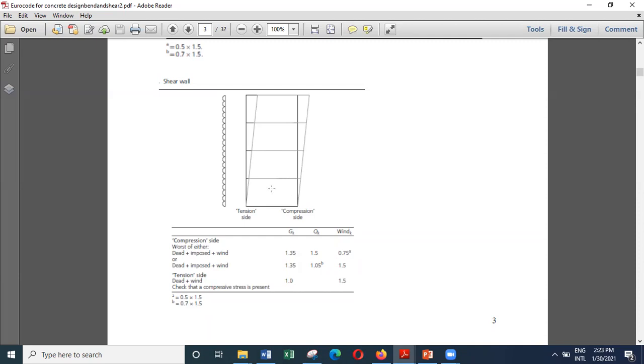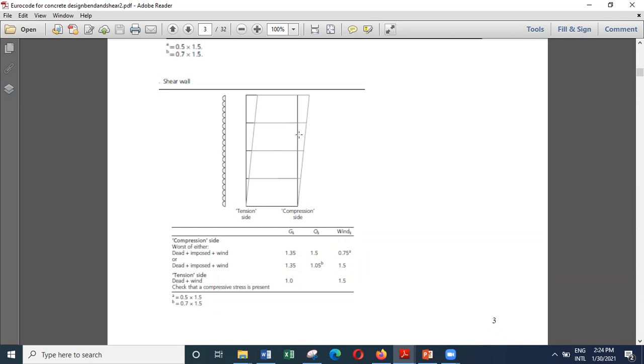And when this is happening, we are getting a wind load, wind also acting on the structure. So that means, vertical loads are maximum and wind is also acting simultaneously on the structure.